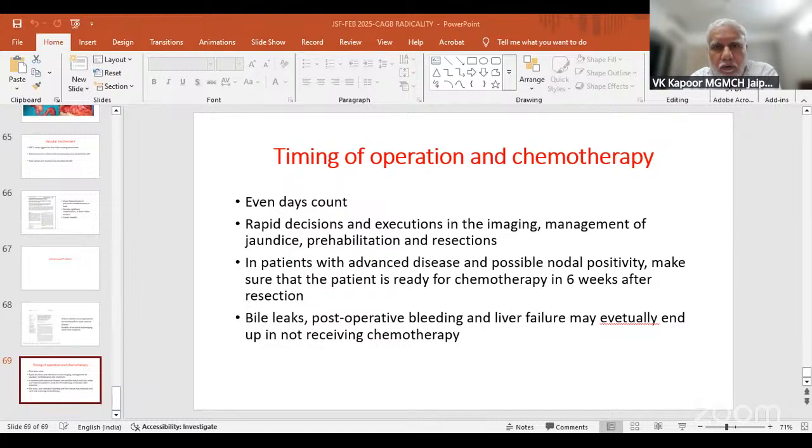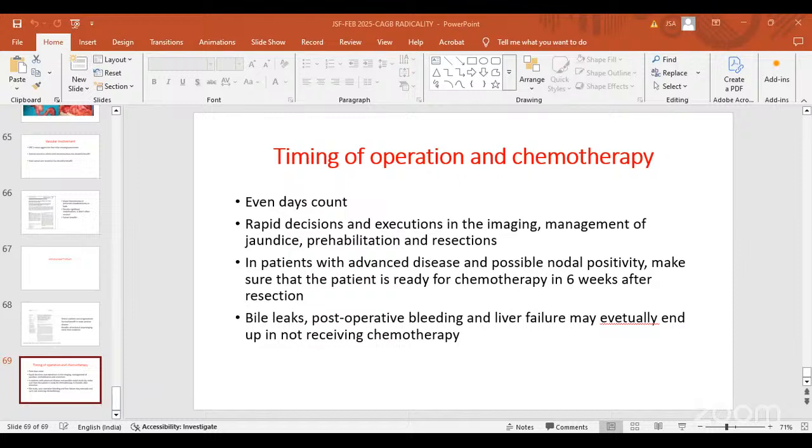But I don't know how many centers are doing it. I don't know if any center in India would have done more than 5 HPDs for gallbladder cancer to talk of any survival data. As regards the extended lymphadenectomy, I will make one more comment. The way Biju was showing, most centers, and we also, don't perform an extended lymphadenectomy the way he showed it.